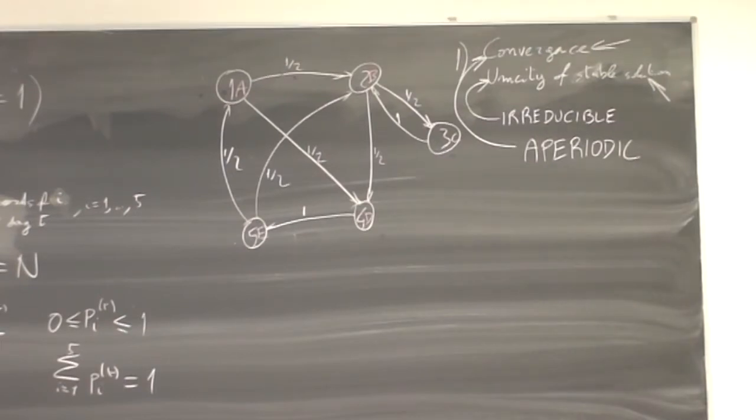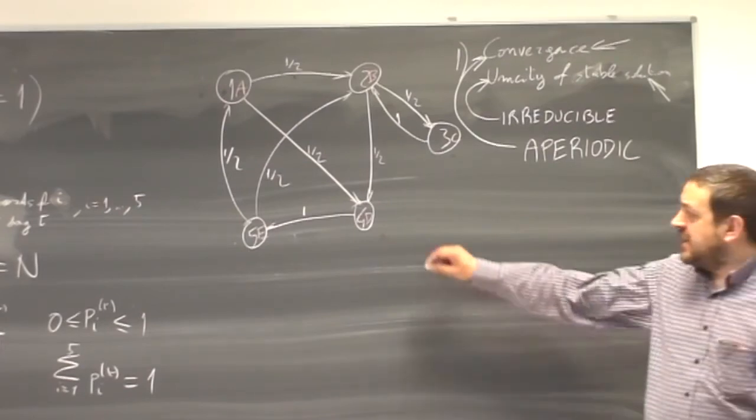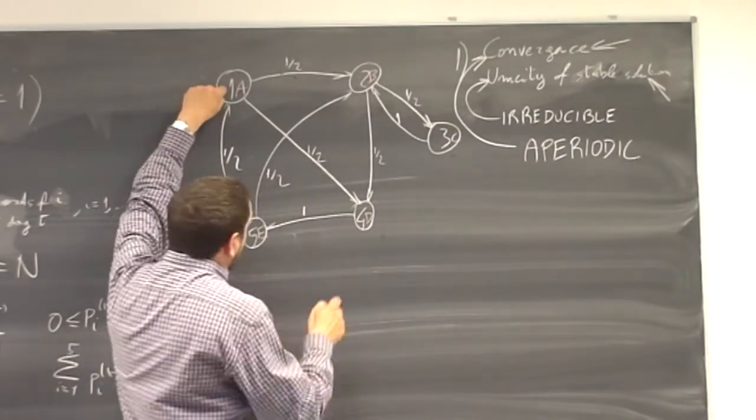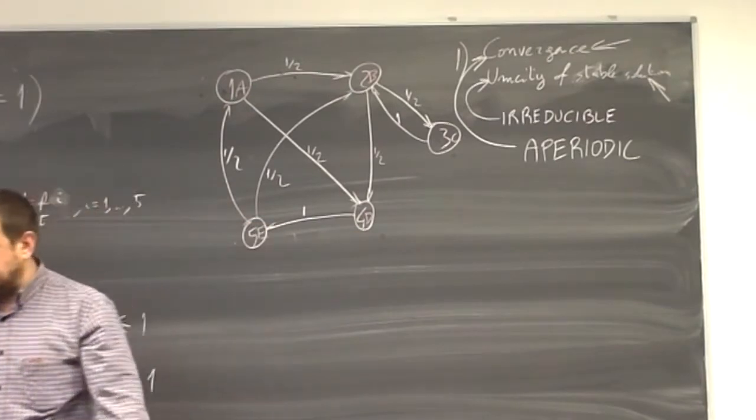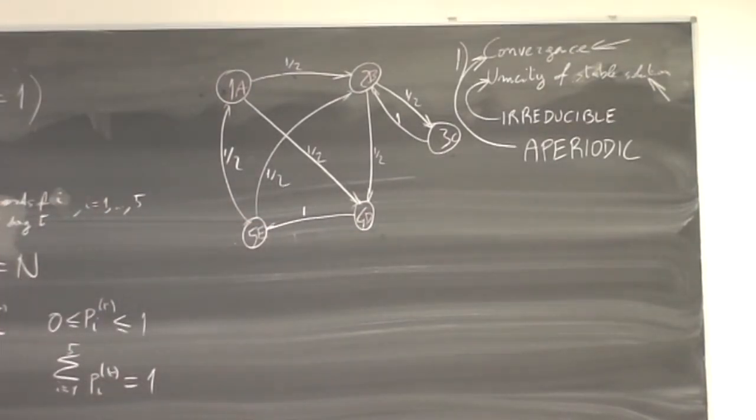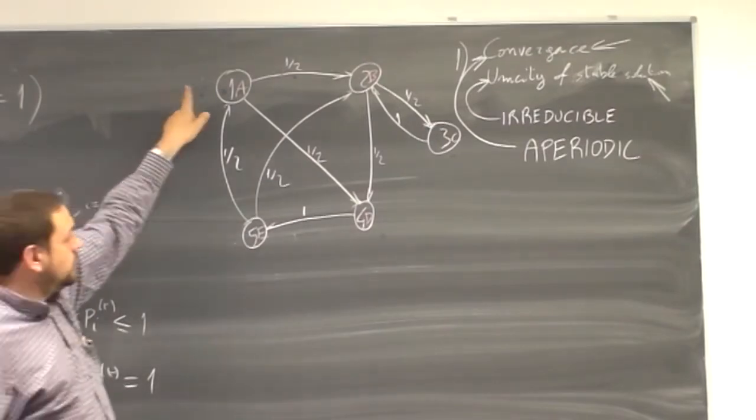So we just need to, well, okay, aperiodicity means that you have many possibilities of going from one node to another node, and these are the different paths that go from one node to the other.